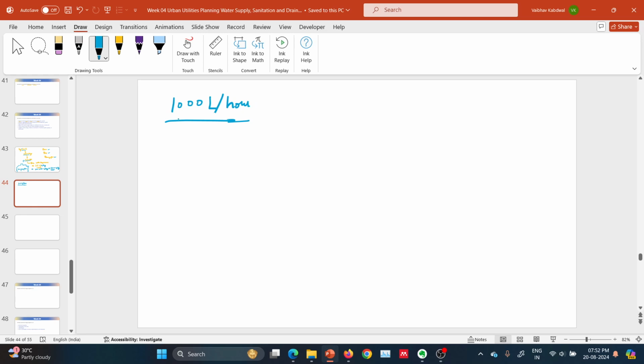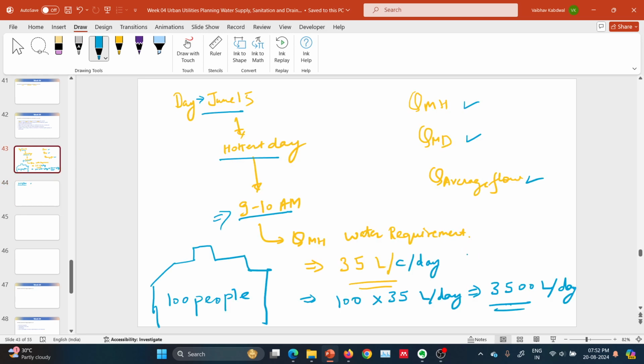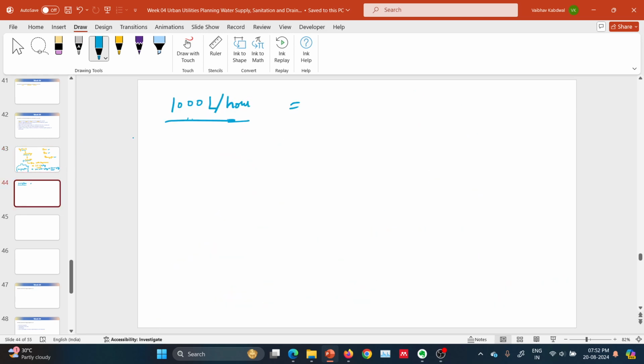So what can we do? This demand, this extra 2500, from where will we bring it? So an extra 2500 liter per hour is required.